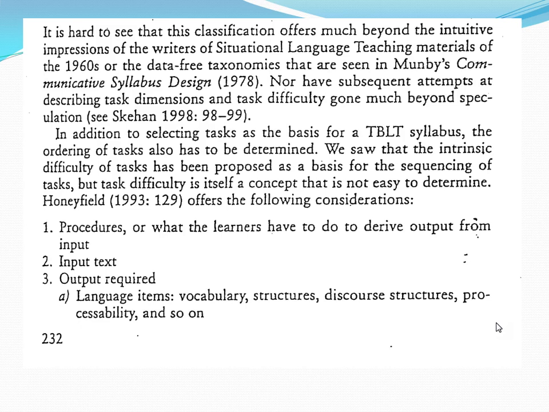TBLT deals with the adult second language learner, and that is linked to comprehensible input. So it is linked to second language learning, especially for adult learners, and especially in a stress-free situation.